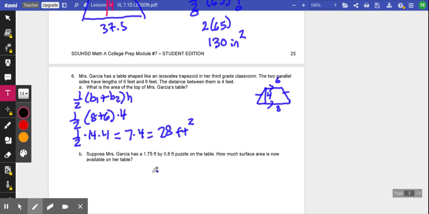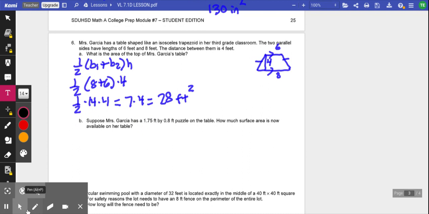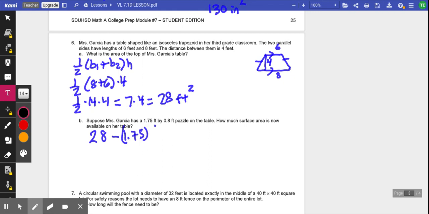Suppose she has this puzzle. How much surface area is now available on our table? So we have to take the surface area we had and subtract the surface area of the puzzle. Now, we're going to assume that it's a rectangle. It doesn't say it's a rectangle, but most puzzles are rectangles, so we'll go with that. All right, so we're going to take the 28 minus the puzzle, 1.75 times 0.8.